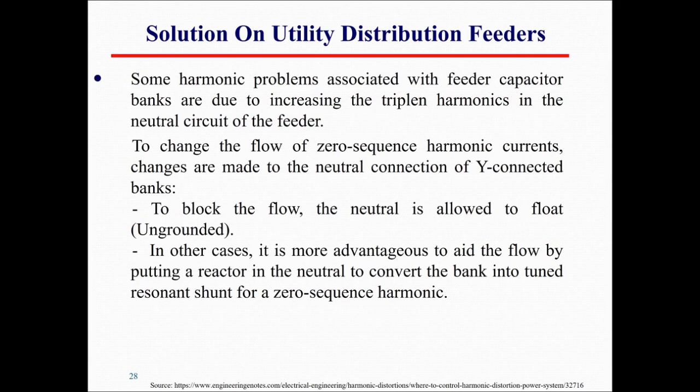Some harmonic problems associated with feeder capacitor banks are due to increasing the triplen harmonics in the neutral circuit of the feeder. To change the flow of zero sequence harmonic current, changes are made to the neutral connection of Y-connected banks.